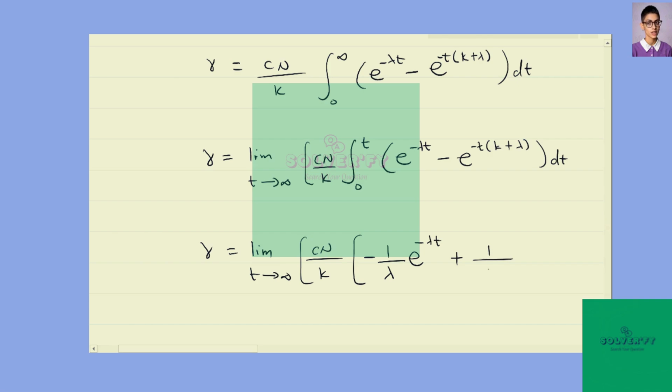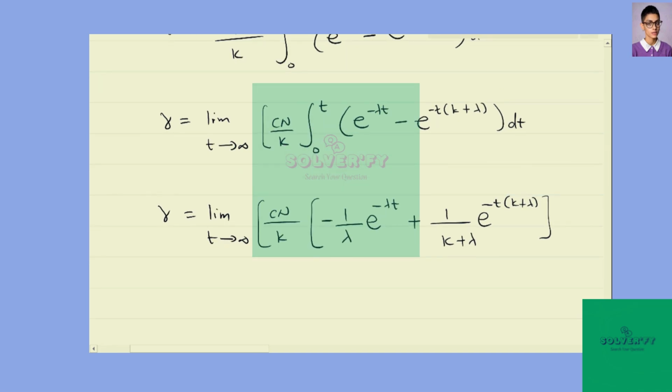So 1 over k plus lambda, e to the negative t times k plus lambda. So the whole thing is from 0 to t.